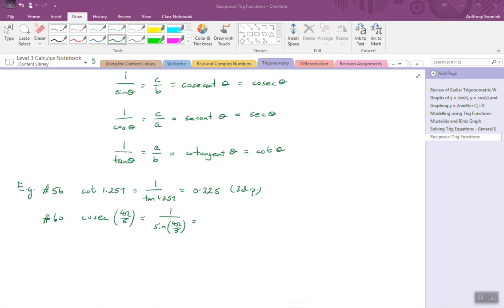So let's just keep the calculator in radians mode and plug this straight in. Let's take the sine of 4 pi over 5 and then take 1 divided by that answer. That gives 1.701.